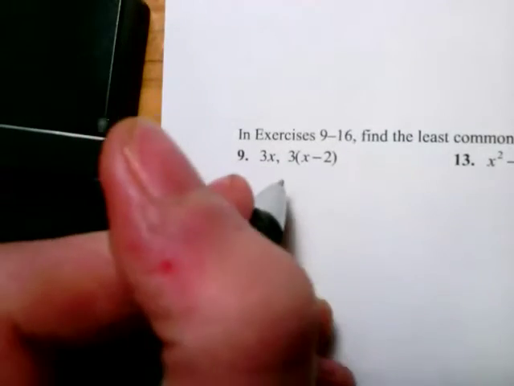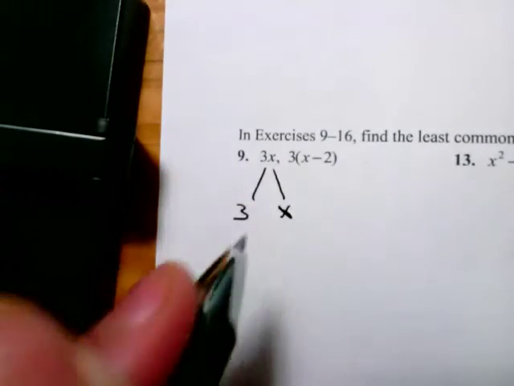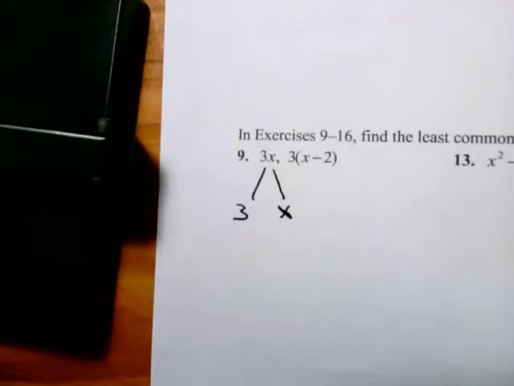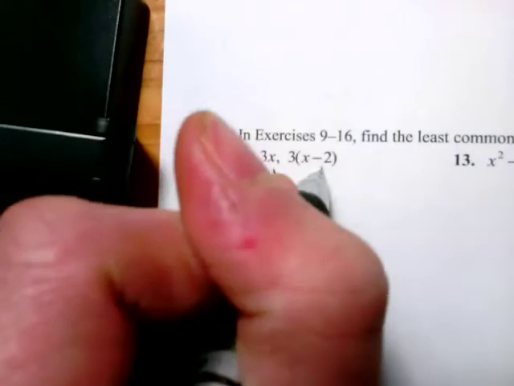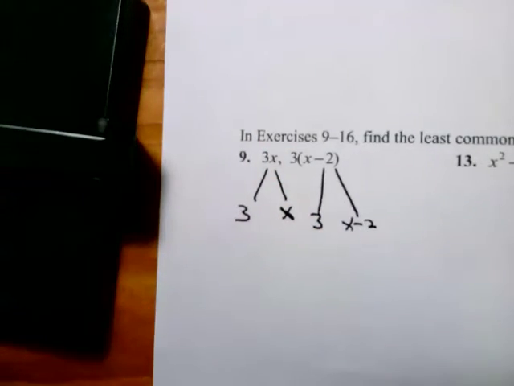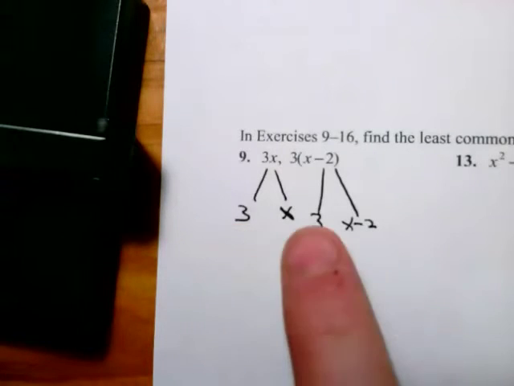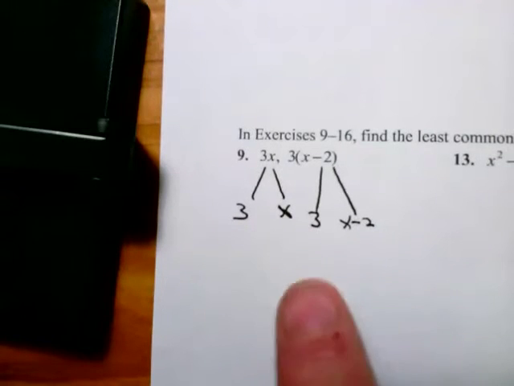So for example, 3 times x is equal to 3 times x, so the two factors of this are 3 and x. And 3 times x minus 2, the two factors of that are 3 and x minus 2. There are 3 factors present: 3, x, and x minus 2. Even though there's 4 factors total, this 3 is repeated, so there's only really 3 factors present.